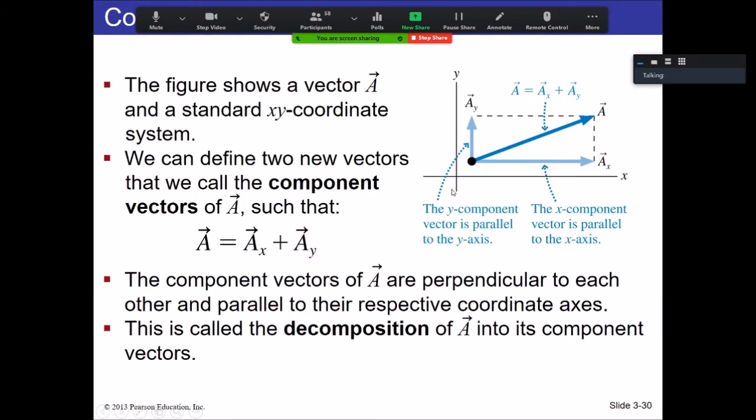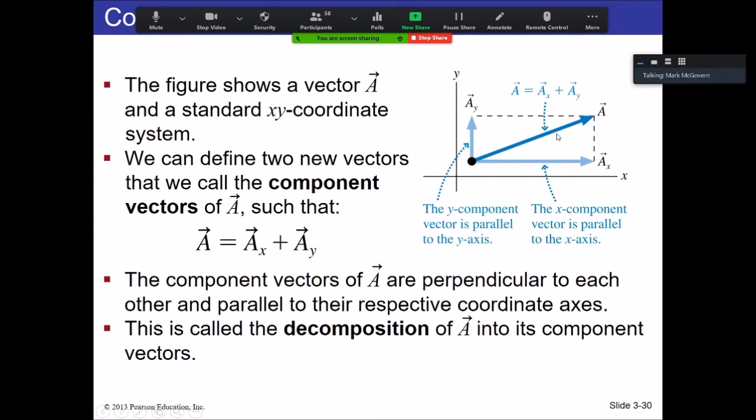So fantastic. All right. Now I want to put more concrete numbers behind my vectors. There is an alternative way that we can express our vectors, and that is through something called vector decomposition. Check this out. I've got vector A right here. It's a first quadrant vector, pointing up and to the right, with an arbitrary length.